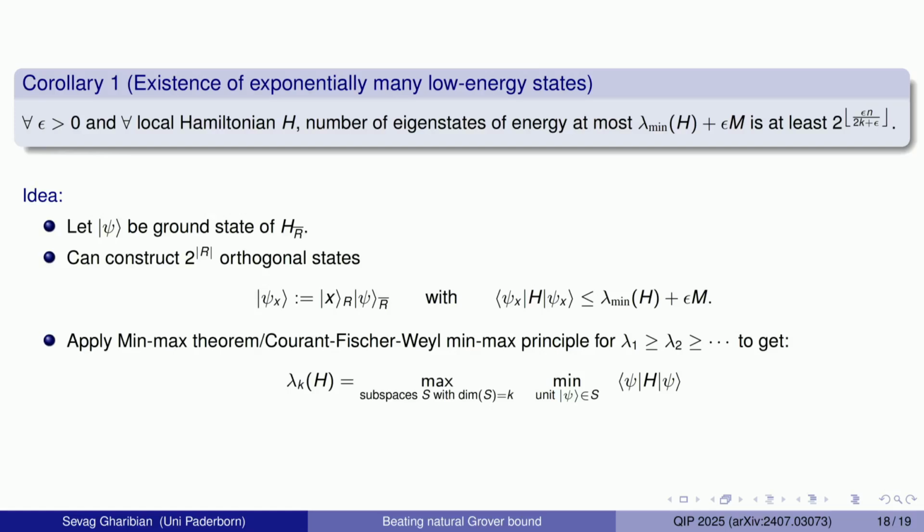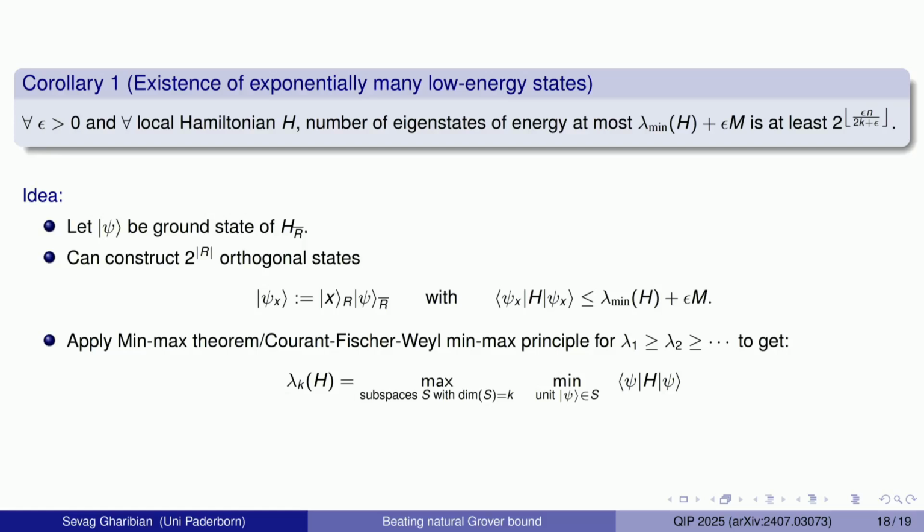I threw out R vertices, and what we saw on the previous slide was that I can put whatever I want on those R vertices and come up with an assignment, X tensor psi, and that will be low energy by our analysis. Since I have complete freedom on R qubits, I can construct 2 to the R orthogonal states, and all of them will be low energy against the full Hamiltonian. So this tells me that there's a subspace of exponential size that is low energy against the Hamiltonian.